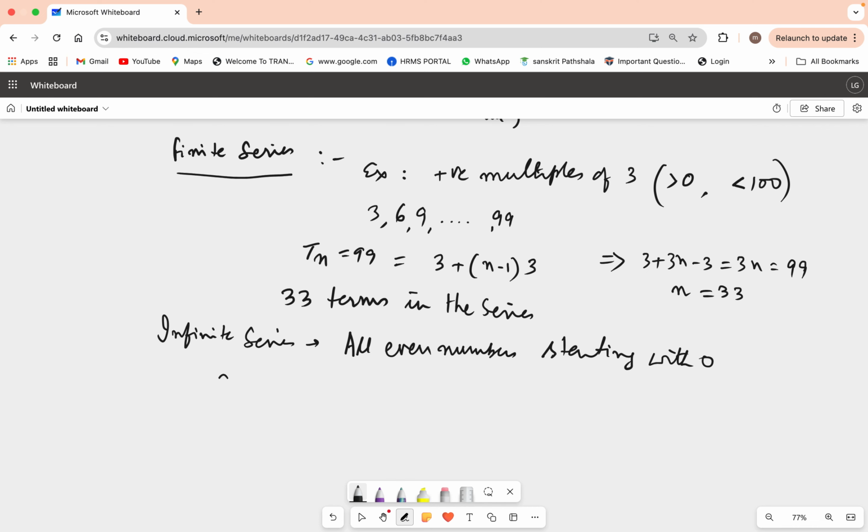Here a equal to 0, and because it is even numbers, the common difference equal to 2, and therefore the numbers are 0, 2, 4, 6, 8. Where is it going to end? It will not end. It goes to an infinite number of terms.